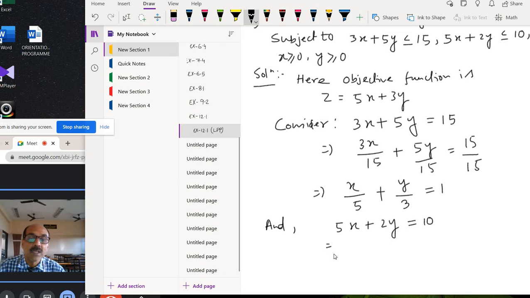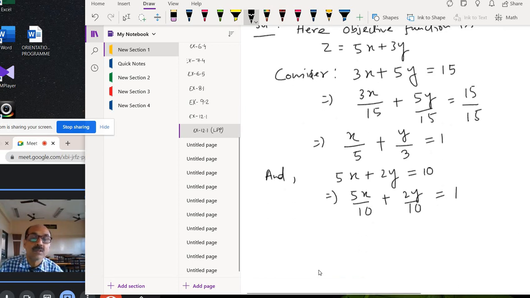Dividing both sides by 10, that means 5x by 10 plus 2y by 10 equals 10 by 10, which is 1. So x/2 + y/5 = 1.